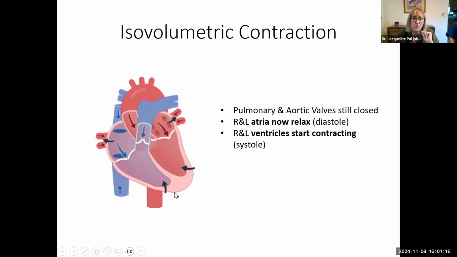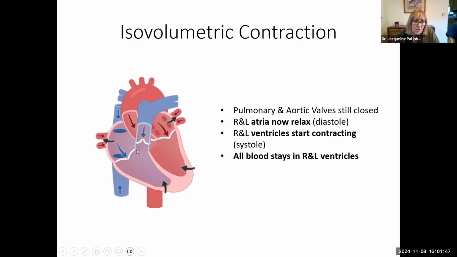If you recall, I told you before, because the impulse starts at the AV node and travels down the septum to the apex and then goes up the outer part of the ventricles, the contraction is going to start down here at the apex and push the blood in an upward direction. So what happens is, when the blood is pushed upward, we're going to have an increase in pressure in our ventricles, and all the blood is going to stay in the ventricles.